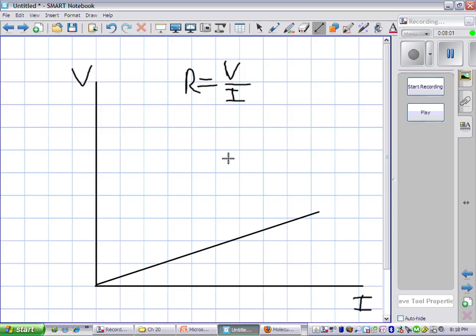And you'll see, since the voltage is on the y-axis and current is on the x-axis, you really have change in y over change in x, which is really the slope. So the slope of this line equals the resistance in the circuit. And so you'll see that this resistance is not quite as big as this particular resistance.